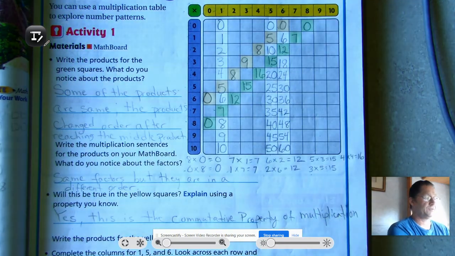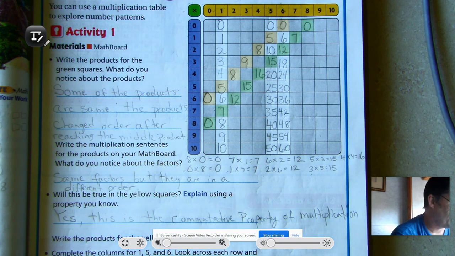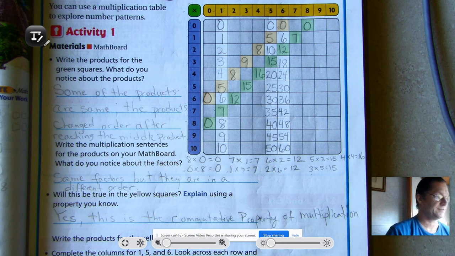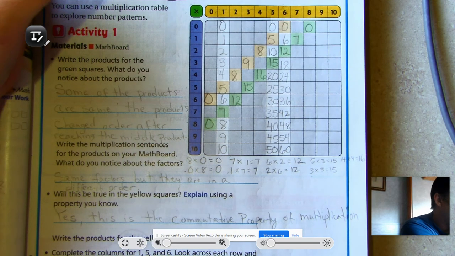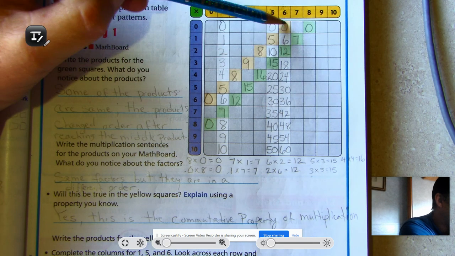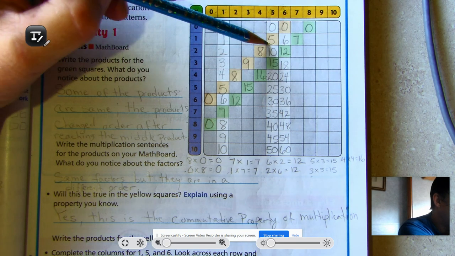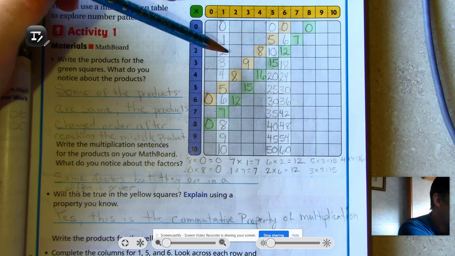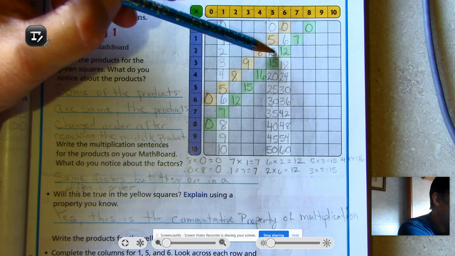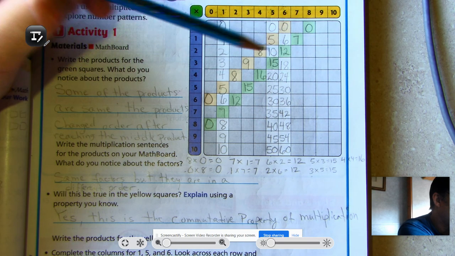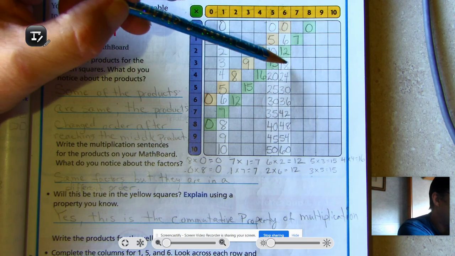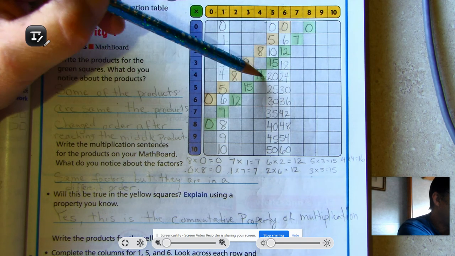All right, so we've written the products for 1, 5, and 6, and it says now look across each row and compare the products. What do we notice? So 0, 0, 0, 1, 5, 6, 2, 10, 12, 3, 15, 18, 4, 16, 20.